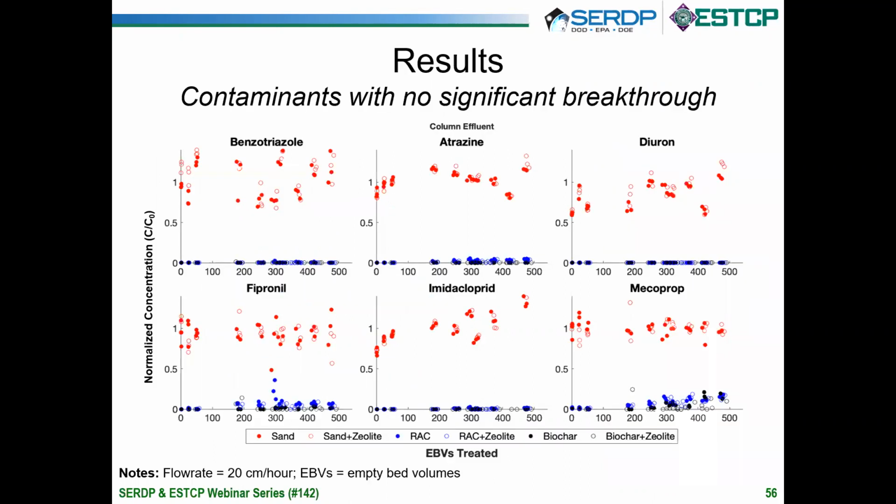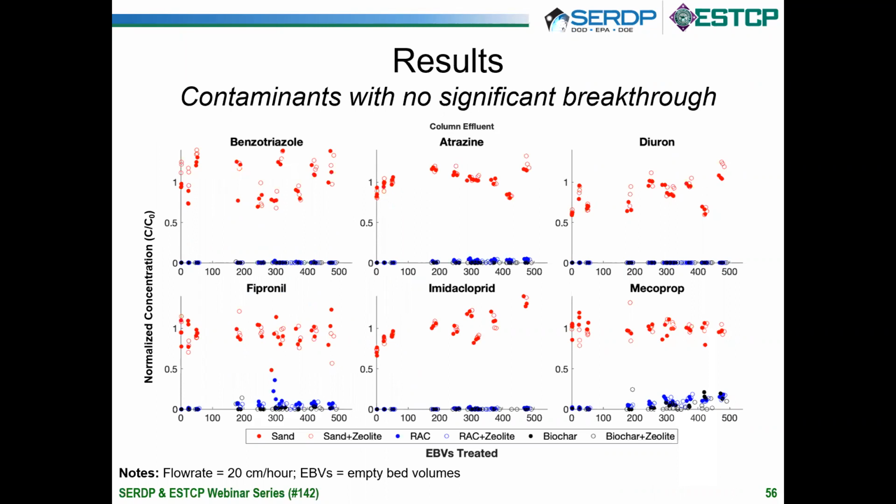So let me show some results now. This shows experiments from the column studies where we have sand and zeolite, regenerated activated carbon, and biochar.